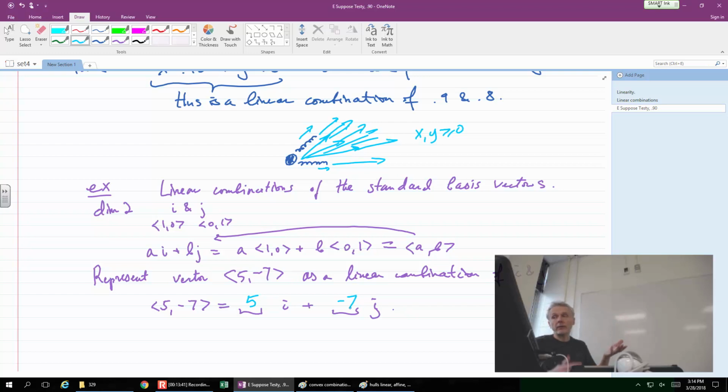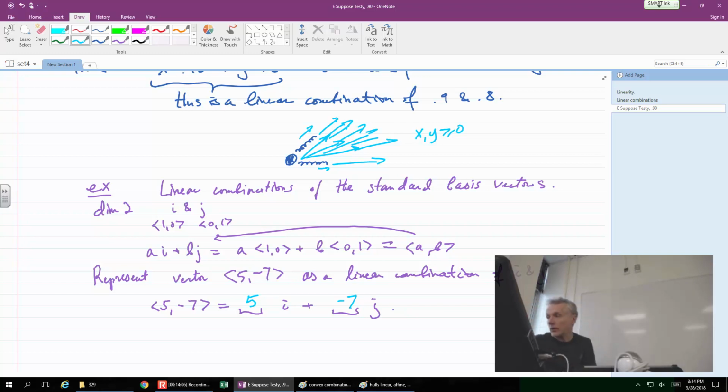Finding those two numbers a and b that we need, well, they've already been found. In fact, those numbers, 5 and negative 7, that is the meaning of those components. So the components 5 and negative 7 of our vector, what is the meaning of those? They are the coefficients of a linear combination in the representation of that vector in terms of the basis vectors.